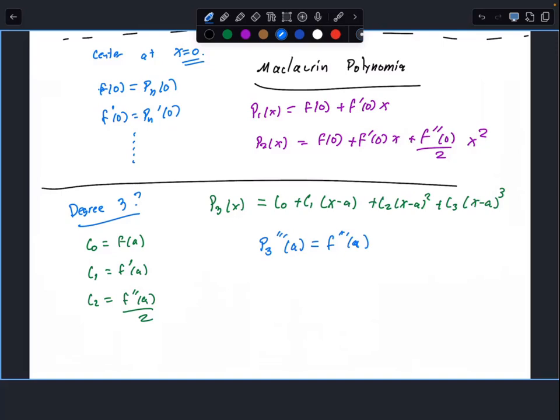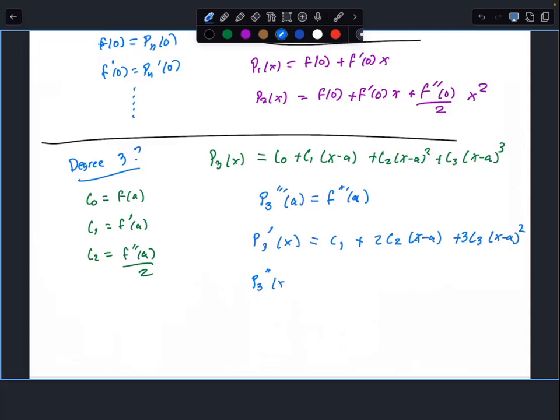So if this must be true, we need to figure out what is going to be the value of C3 that makes this true. Just like we did here, if I was finding P3 prime of x, I would get C1 plus 2C2 times (x minus a) plus 3C3 times (x minus a) squared.